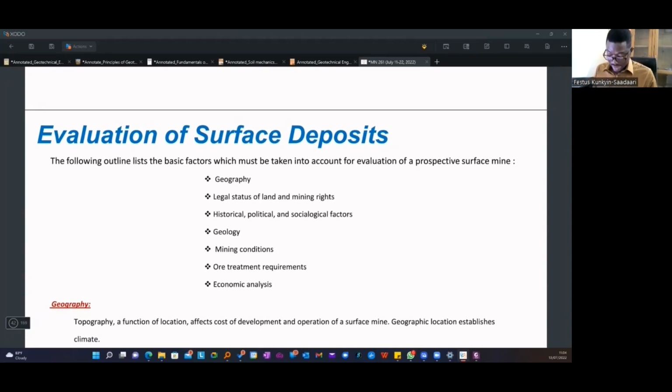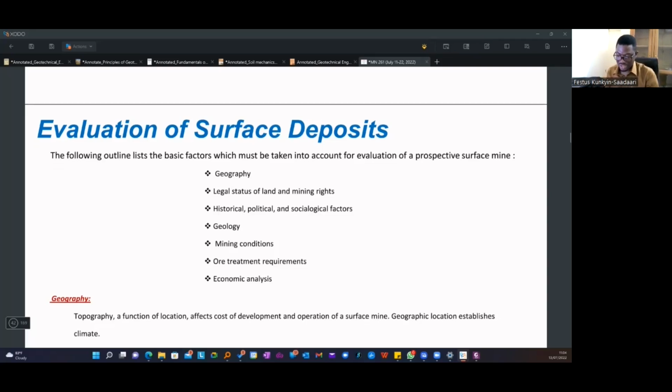What this heading is just trying to convey is that you want to establish a surface mine. What are the factors, or the things that you need to consider in order to make a good decision, or the things that are likely to affect you if you are going for surface mining?